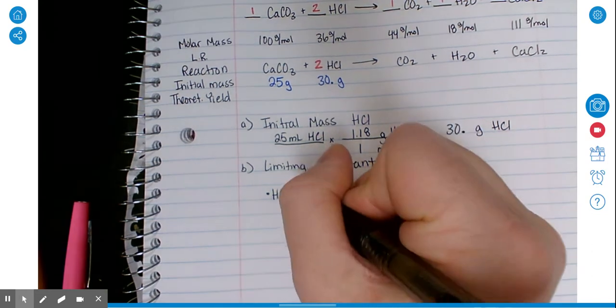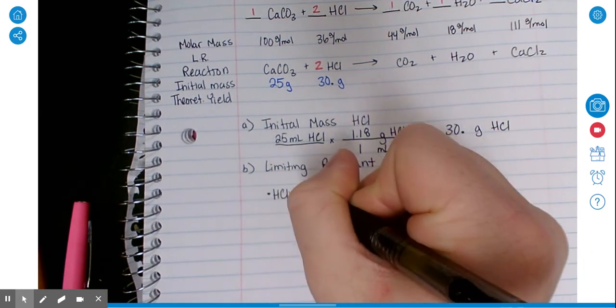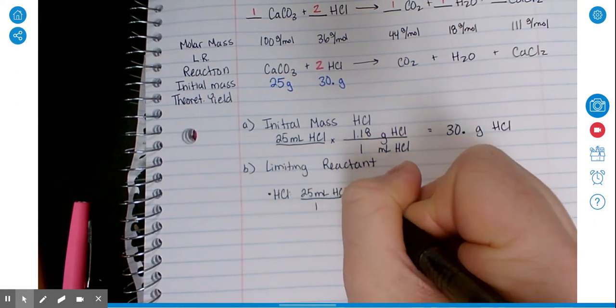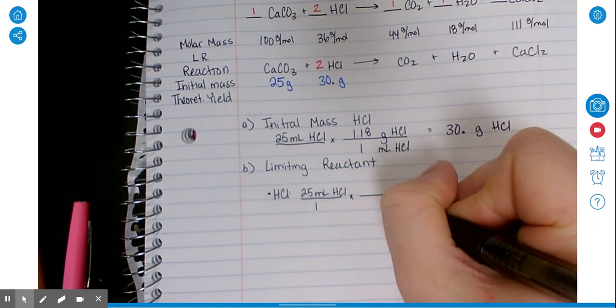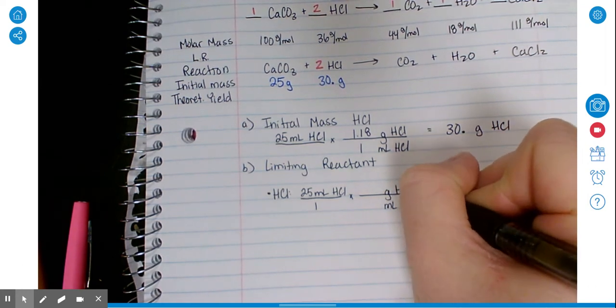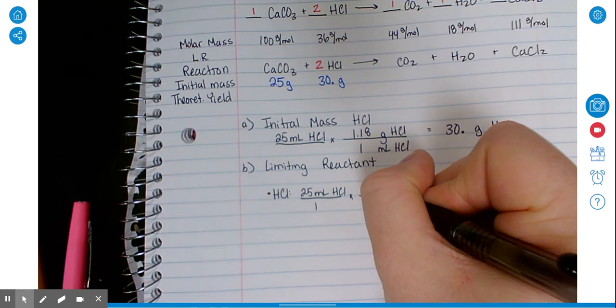So I know that I start with 25 milliliters of HCl. From milliliters of HCl, I can go to grams of HCl using the density.